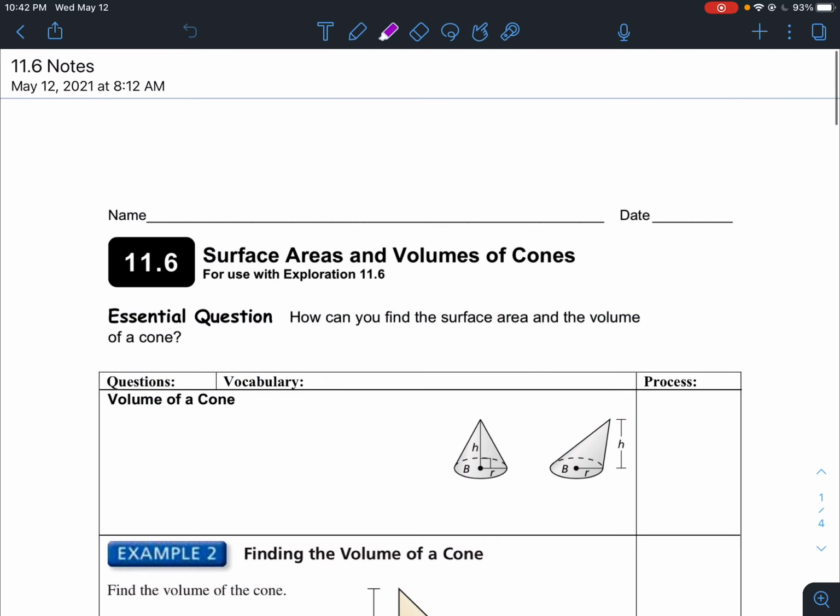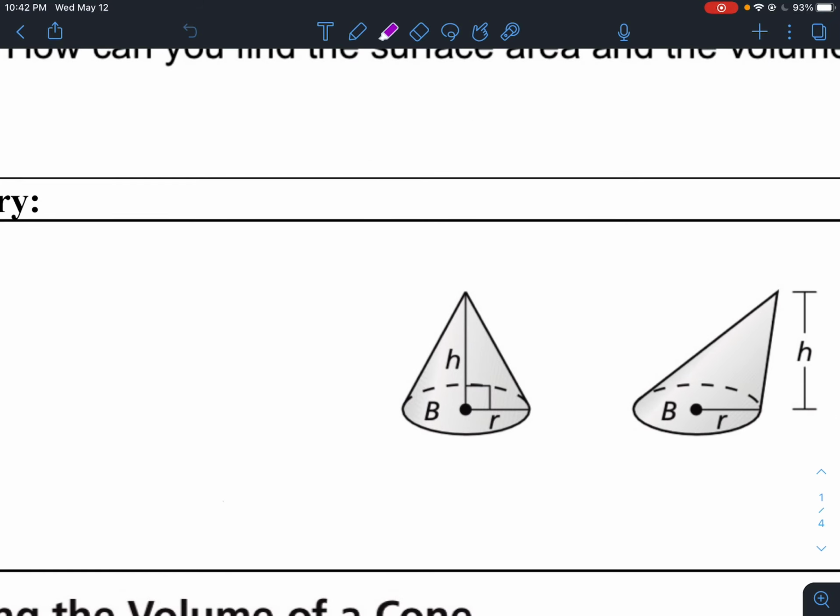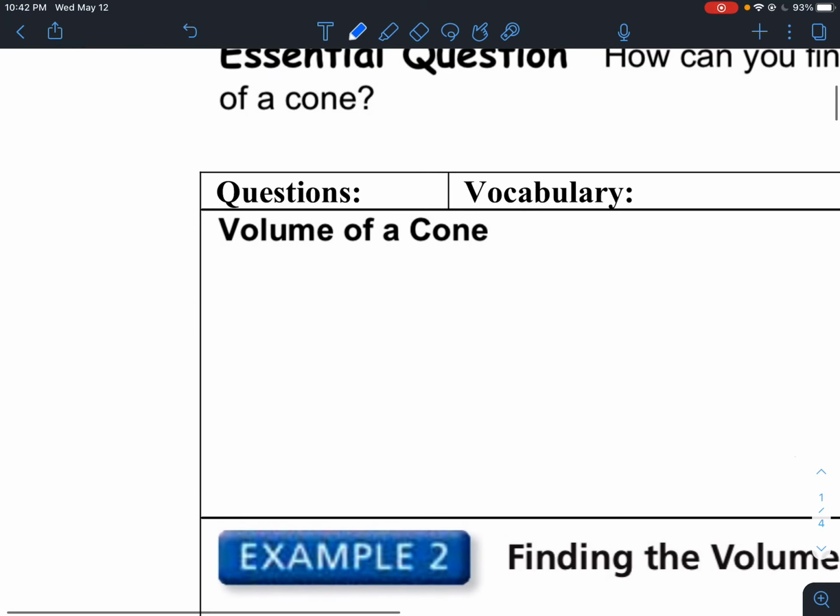The thing about a cone is that a cone is almost essentially the same shape as a pyramid. It's not a polygon base, it's a circular base, and so it's pretty much the same thing.